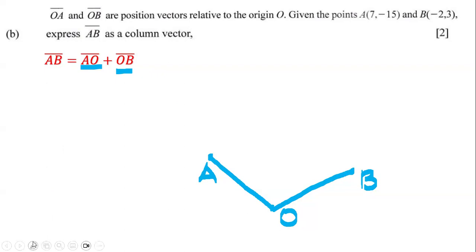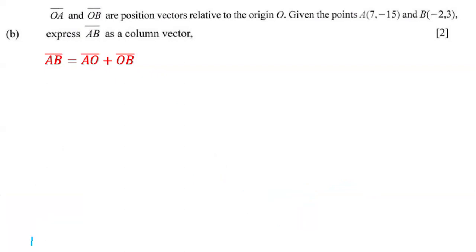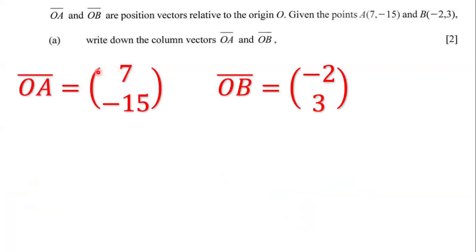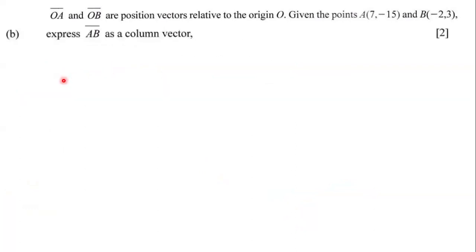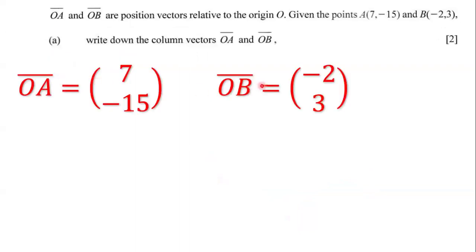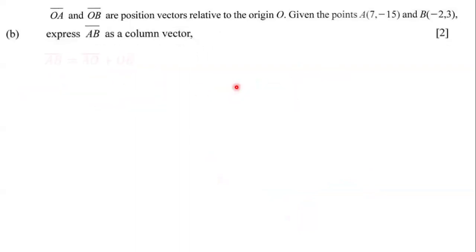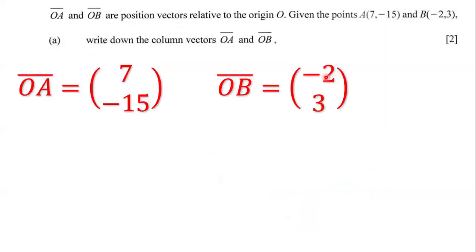That's the way you could think about what's happening here. So the vector AB is equal to AO plus OB. Based on our previous question, we do know what OB is: OB is (-2, 3).